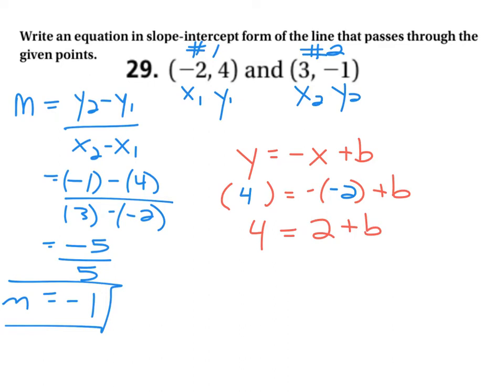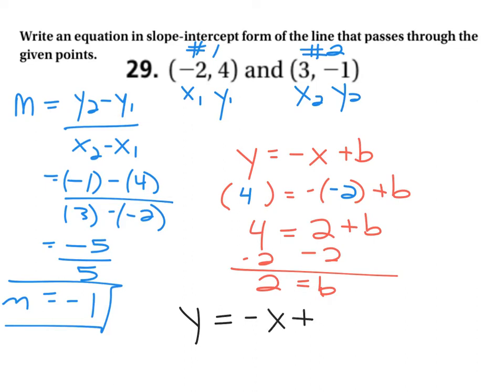And to solve for b, I just subtract 2 from both sides, and I get 2 is what b is equal to. And so I can then write the equation y equals negative 1x, or just negative x, plus the b value, which I might as well mark down here, of 2. Okay, so that's our equation.